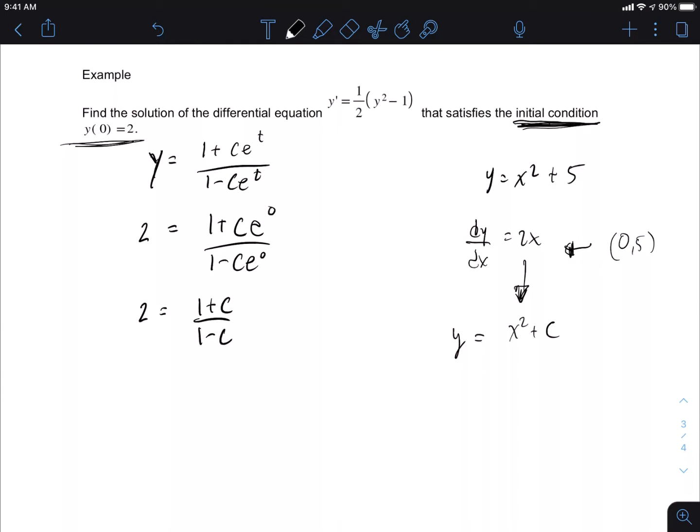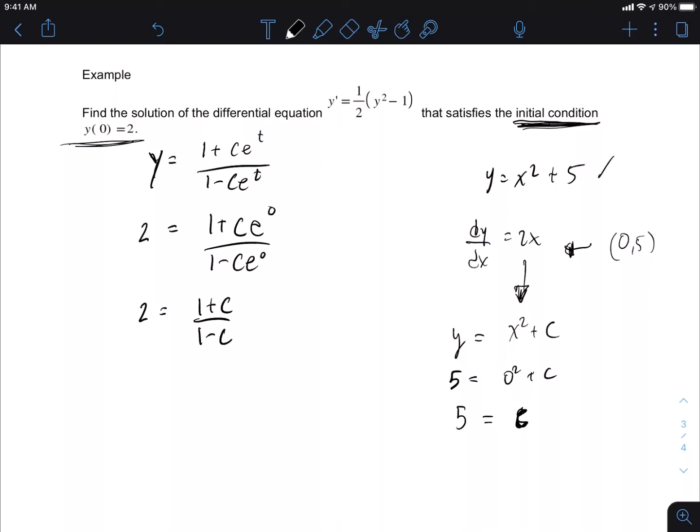So what's y in this scenario? What's y? 5. Okay. y is 5. What's x? 0. And then we're solving for c. So what is c? Isn't c 5? c is 5, yep.